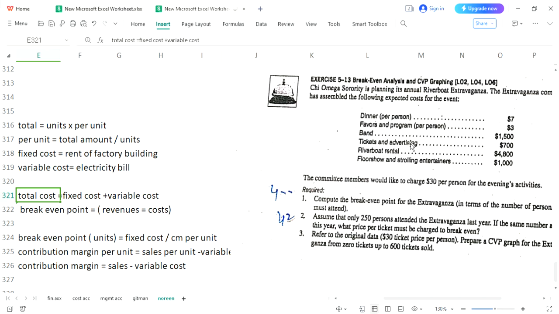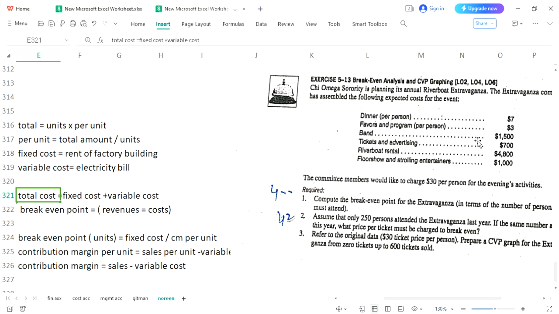Now here the band will receive 1500. It's easy to understand: when the band comes, they will be singing or amusing the audience. Let's say if they are singing, it doesn't matter whether 100 or 200 persons are present over there, they will charge the same 1500. So what is it? Fixed cost. Advertising, they have spent $700 for tickets and advertisement.